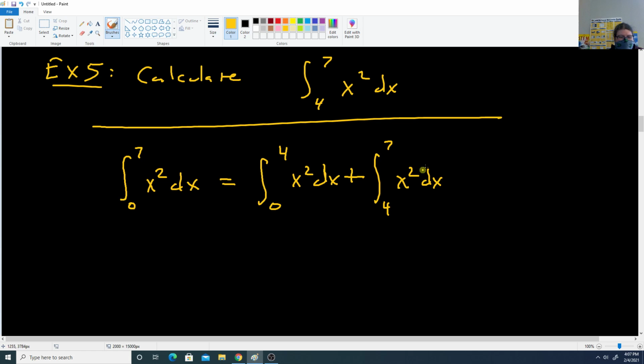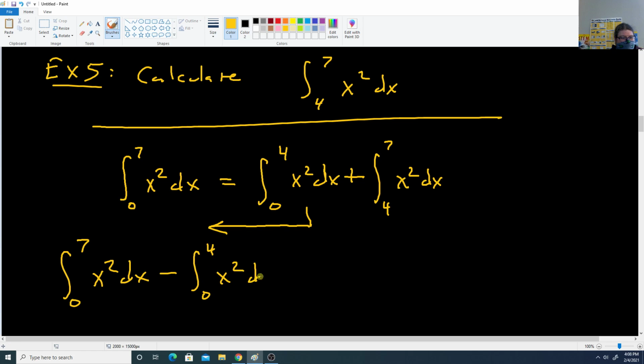Sorry, these would be added together. This is the integral I want solved for. So I'm going to take this integral here and push it back across the equal sign. It was a positive integral here, so it's going to turn up as negative of that integral when we push it across the equal sign.